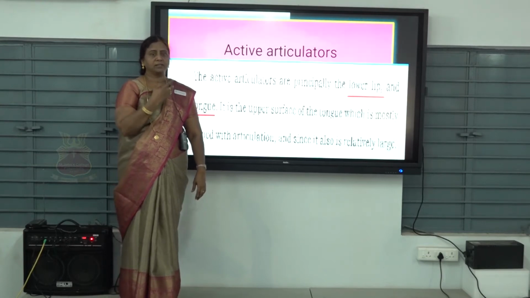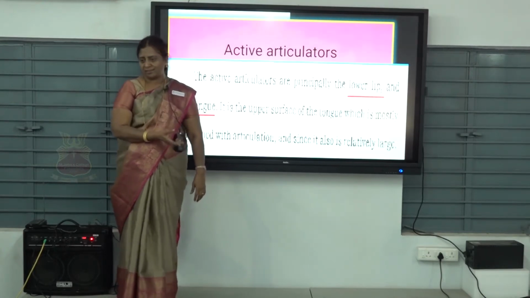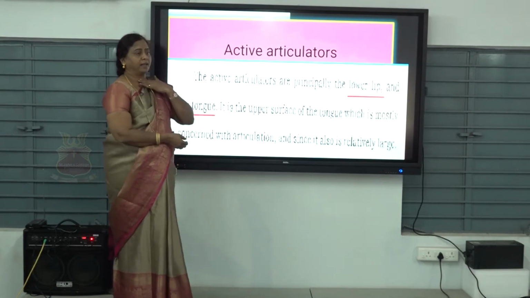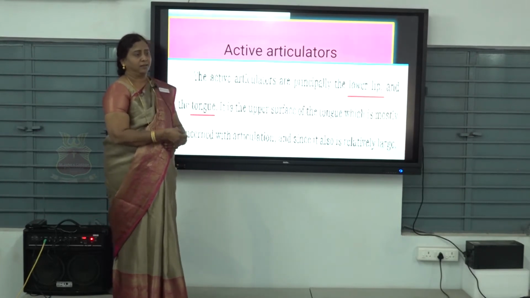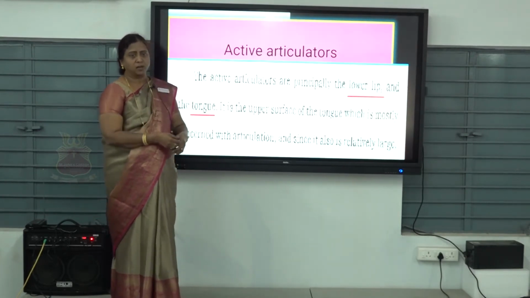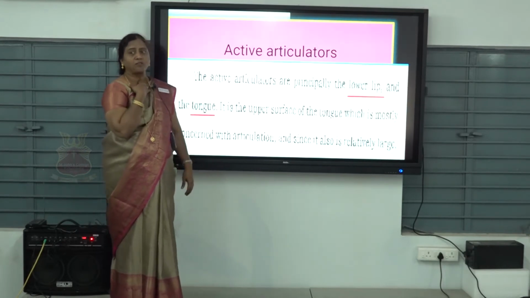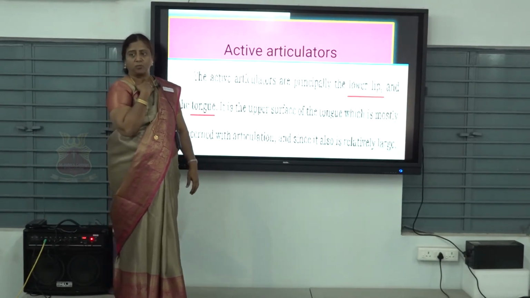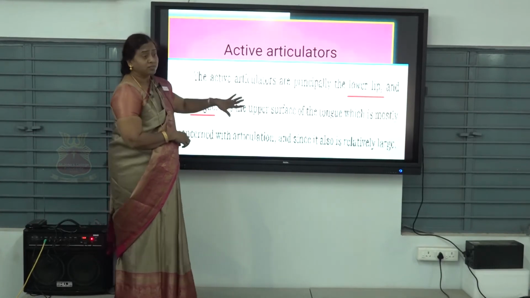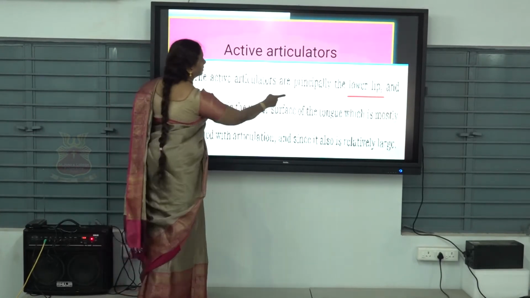You can make a sound and try that. King, nga, nga. If you pronounce that sound, you can see your soft palate moving. Okay? So whichever moves, you call them active articulators.